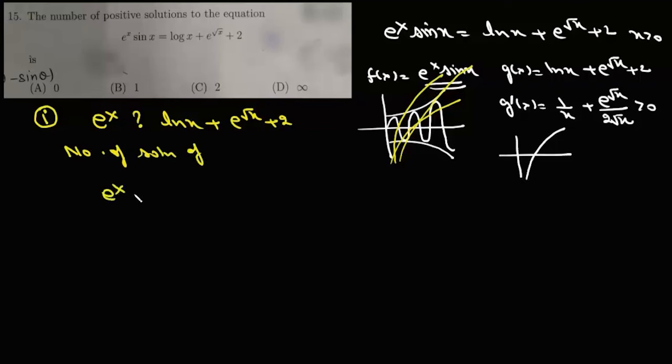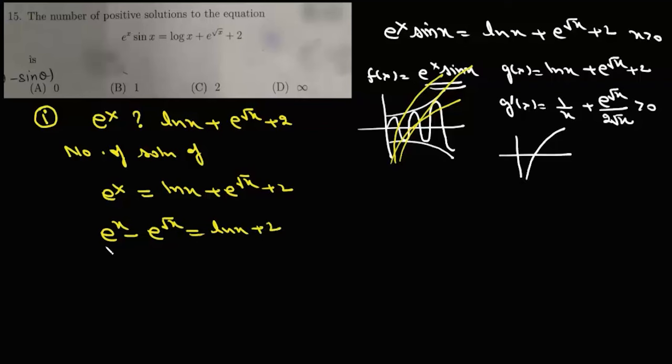So the first part of this problem will be to define the relation between e to the power x and this other function log x plus e to the power under root x plus 2. So what we'll do is, first we'll find the number of solutions of this equation: e to the power x equals log x plus e to the power root x plus 2, or e to the power x minus e to the power root x equals log x plus 2.